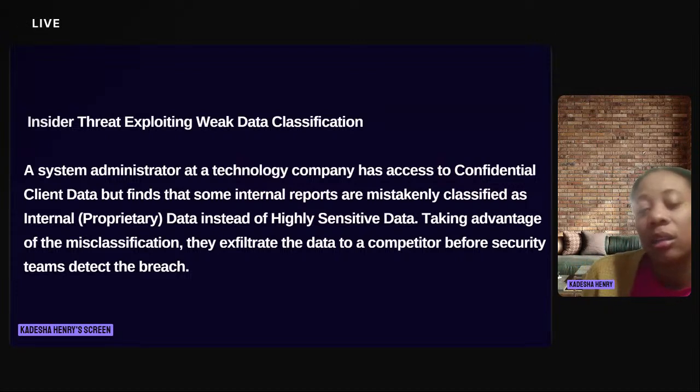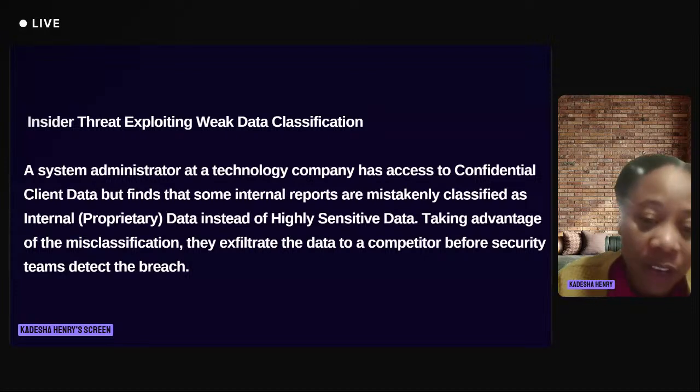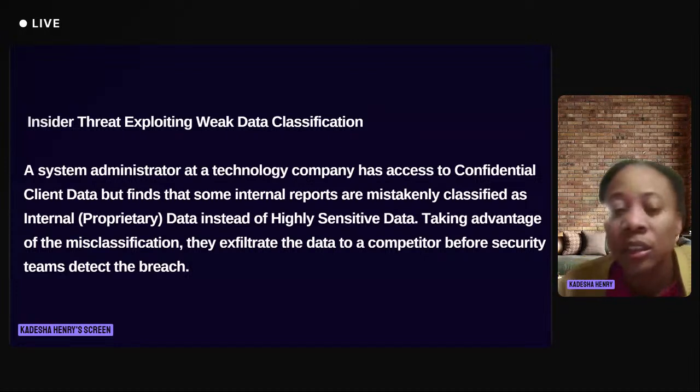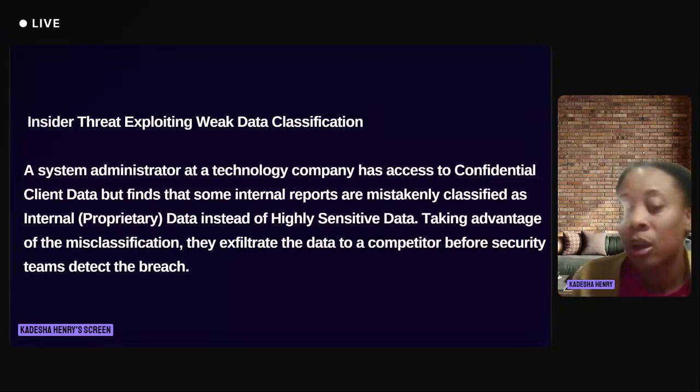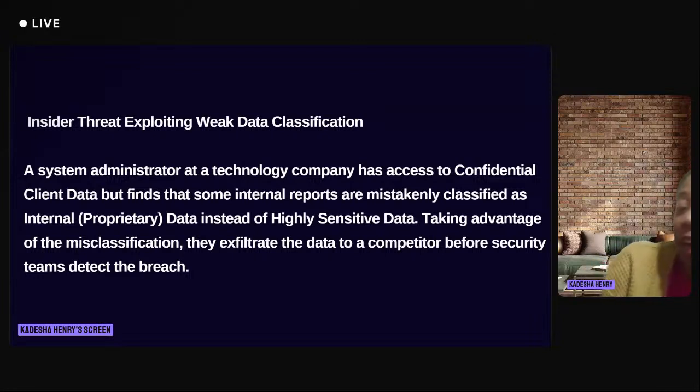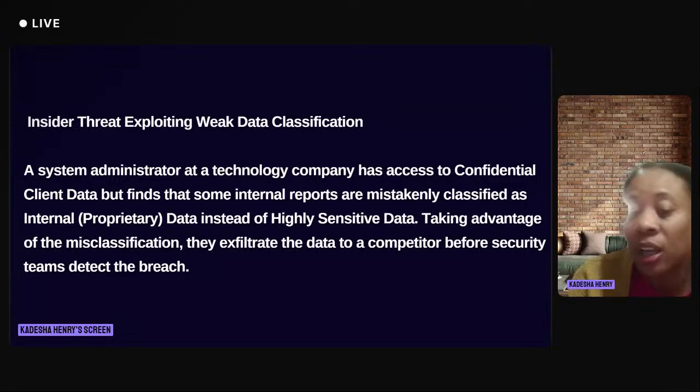Because they see that the data was misclassified, they took advantage of that and steal the information, right? The competitor in this scenario would be the one that takes the information, and they didn't alert anyone maybe that the data came to them.